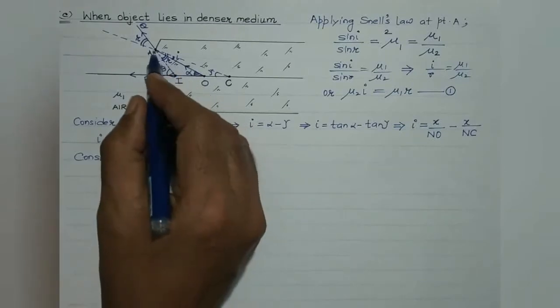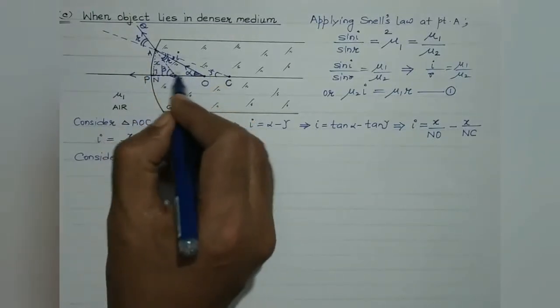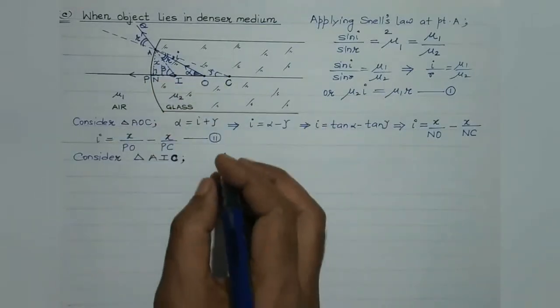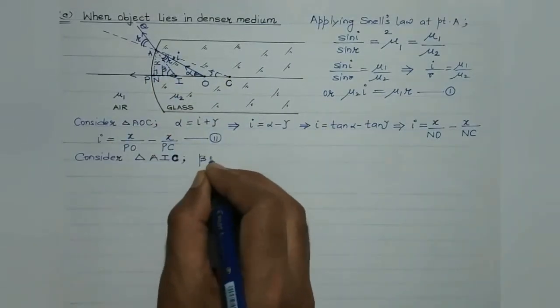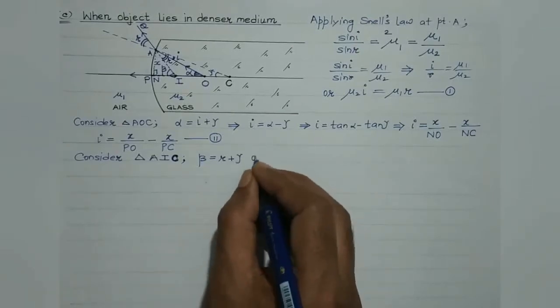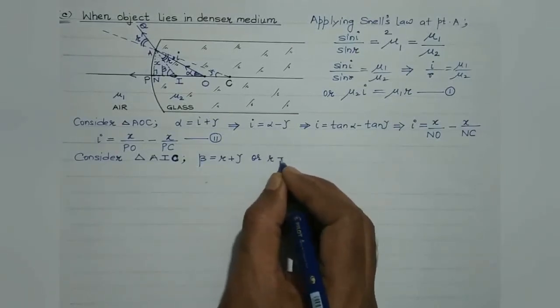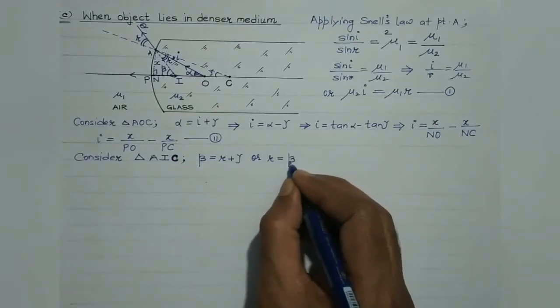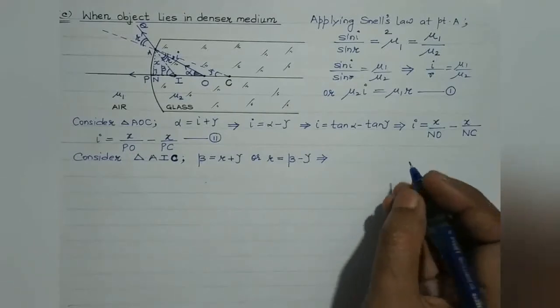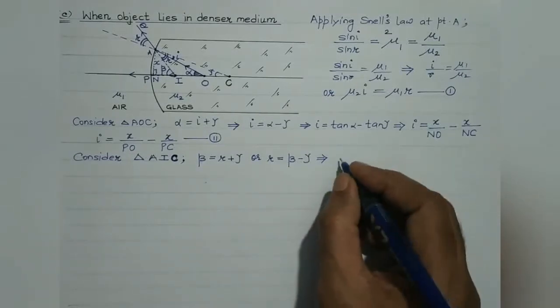So in this particular triangle AIC, students, beta is the exterior angle and r and gamma are the opposite interior angles. So what we get is beta is equal to r plus gamma, or angle r may be written as beta minus gamma. Alpha, beta, gamma are very small, therefore they can be replaced with their tangents.